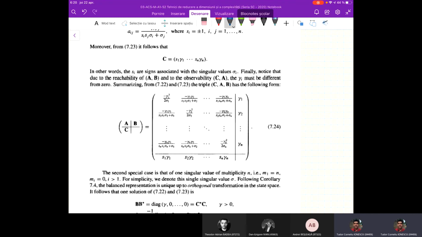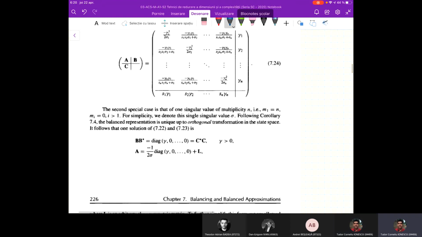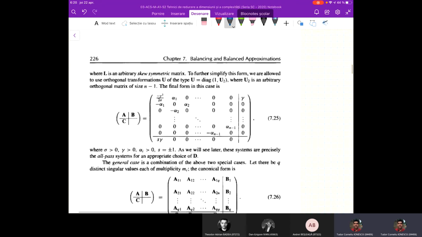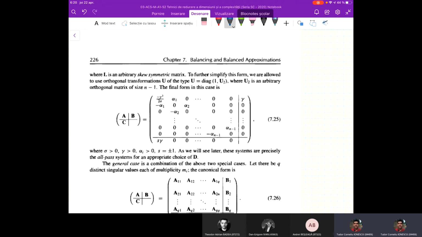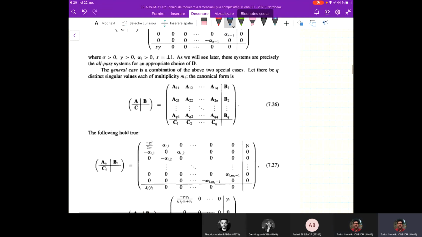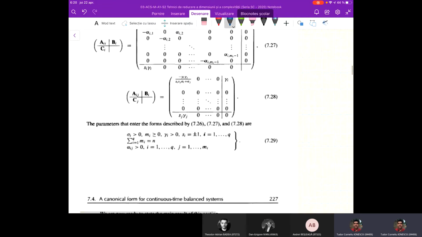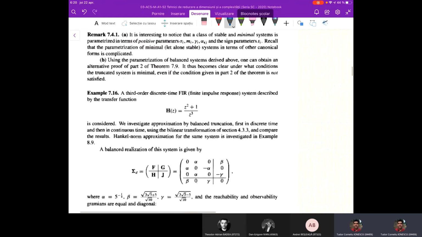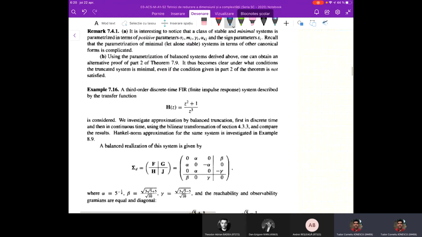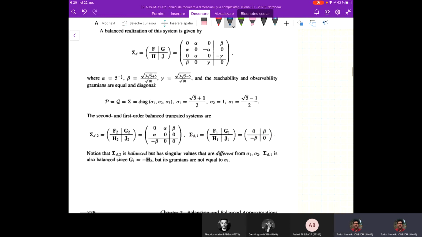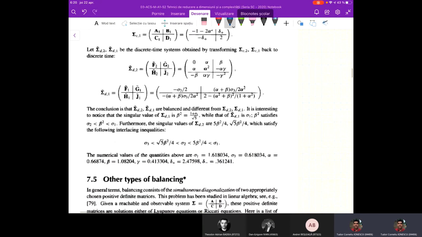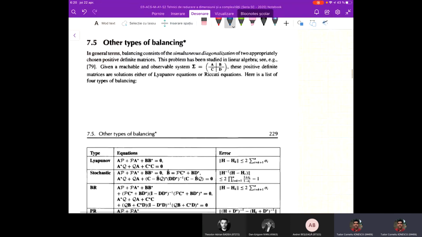This is for single input, single output systems, but you can write it like this. And you can use it whenever the purpose suits you. It needs to serve a purpose. You can write a general canonical form and so on and so forth. And there is an example of a finite impulse response filter here. So there are a lot of interesting things.